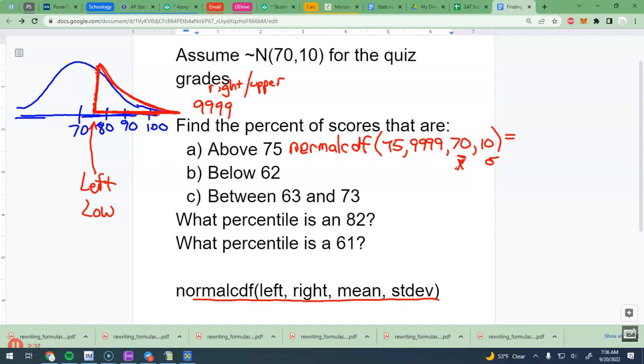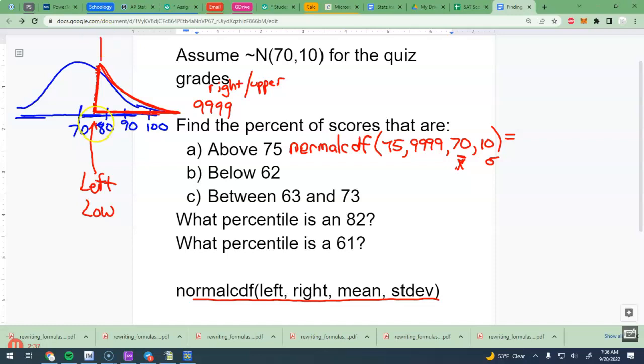So again, where am I getting this stuff from? This is the left-hand side or the lower bound. And then this 99999 is the upper bound or the right-hand side.